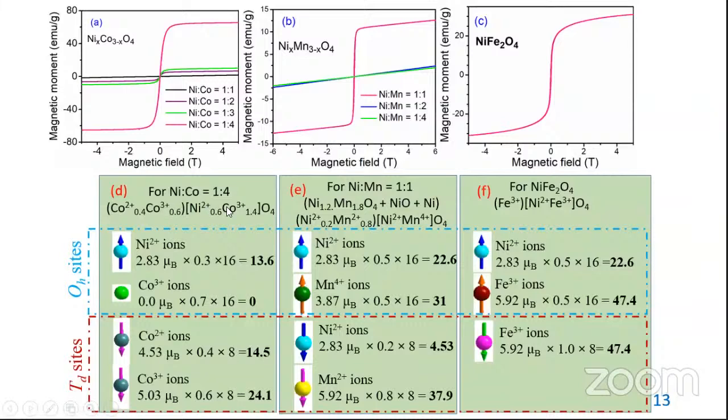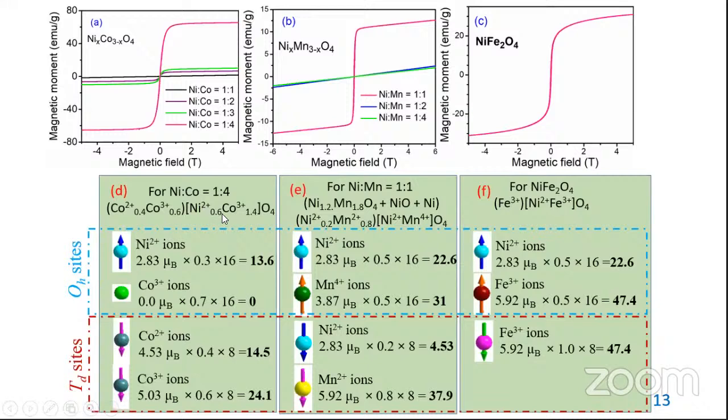If we consider this type of ion distribution in the octahedral and tetrahedral sites, we calculate their magnetic moment. For the magnetic moment calculation in this unit cell, you take the magnetic moment of each ion and its fraction in the cell, for example 30% and 70% on the octahedral site.